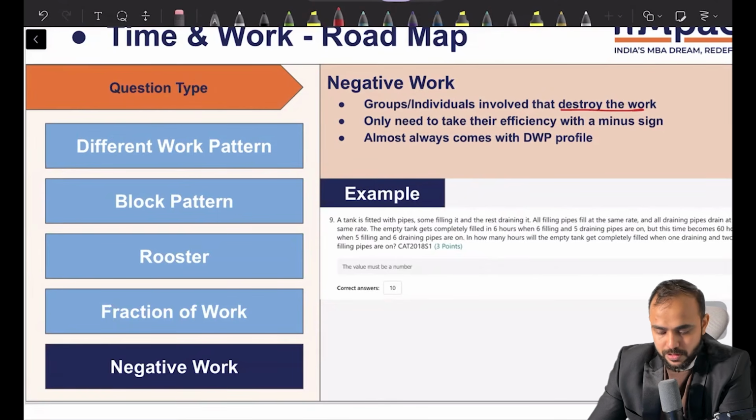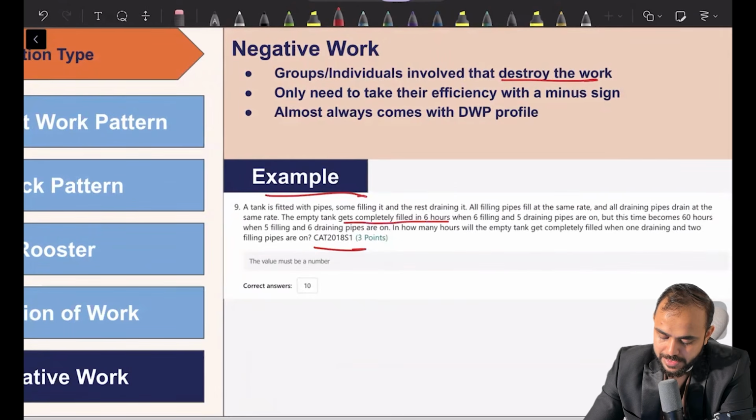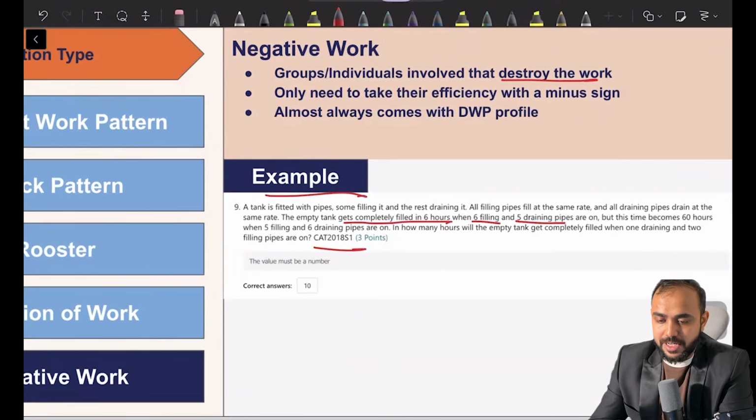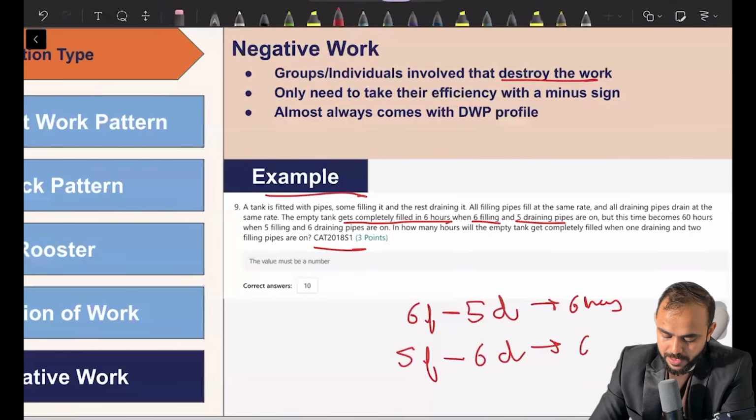And if they have to give you this in an equation, they will have to define certain configurations of doing work. So for example, in this example, 2018 slot 1, a tank is completely filled in 6 hours when 6 filling and 5 draining pipes are on. So 6 filling minus 5 draining is what I will write. This is taking 6 hours. Now, 5 filling minus 6 draining would become 60 hours.